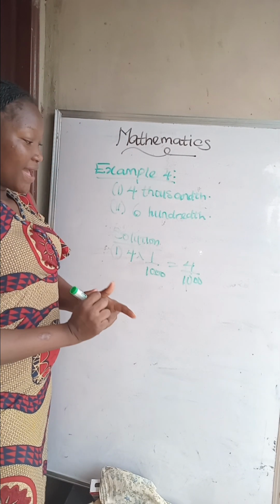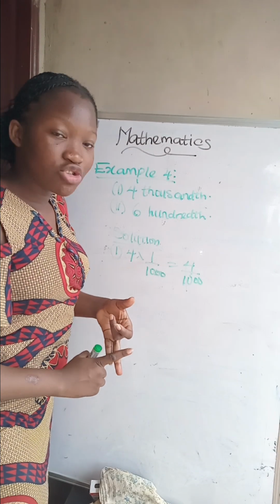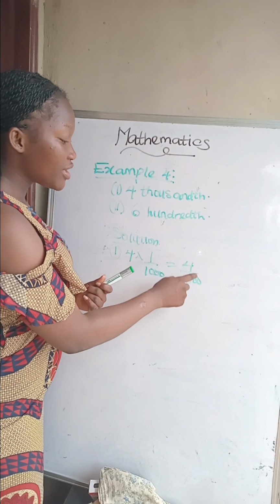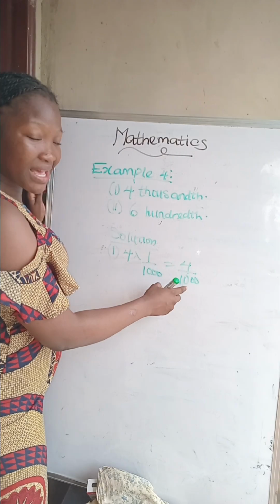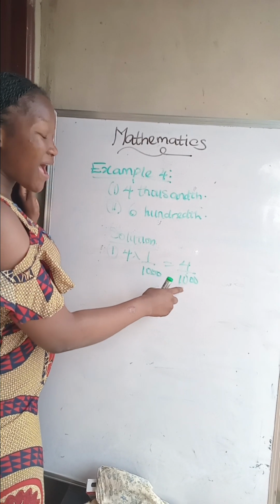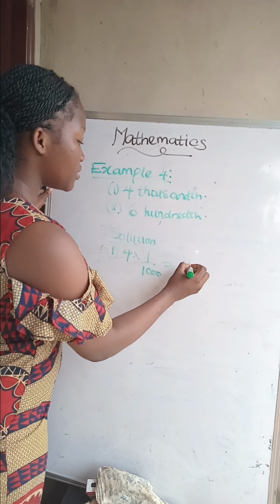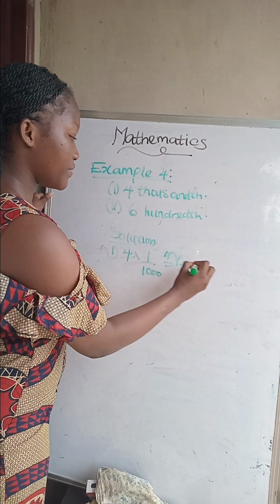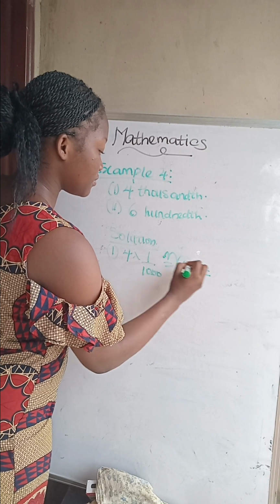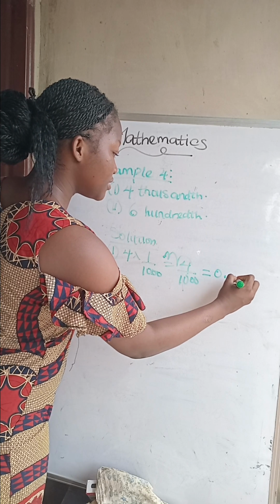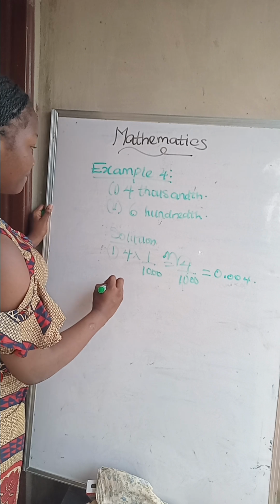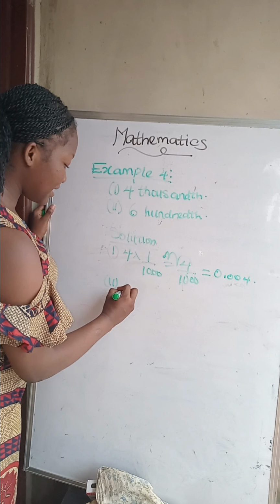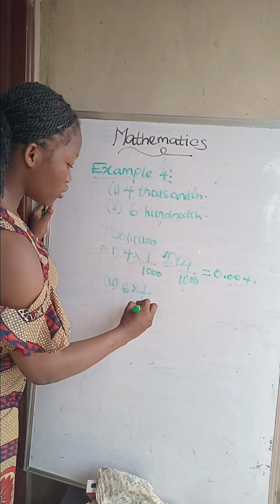If you have over 1,000, over 100, over 10, you move your decimal point the number of zeros that you have. Now we have 3 zeros at the back of 1,000. So we say 1, 2, 3. That's 0.004. Now we have 600. That's 6 times 1/100.